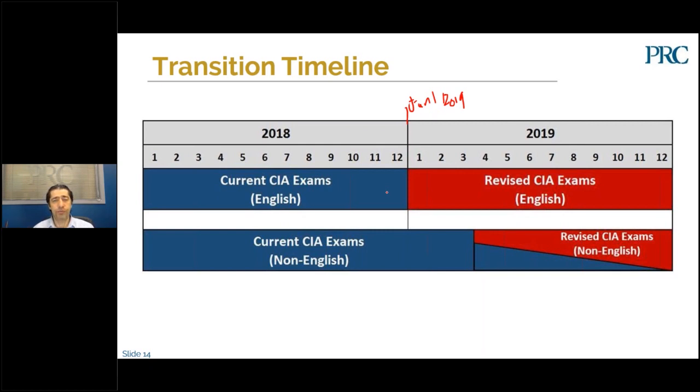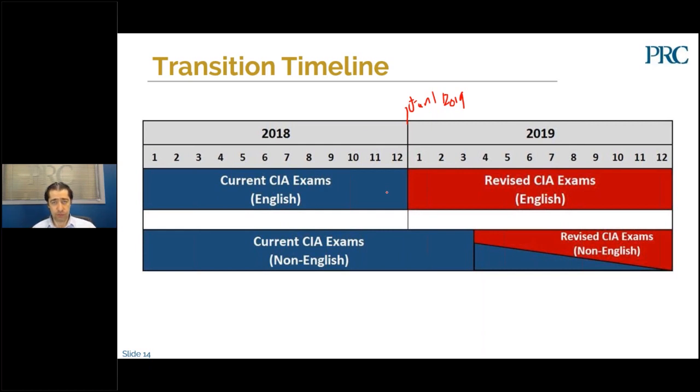Otherwise, it's the allocation. Now, if you did pass any of the parts on the current edition, you will get the same credit for the new edition. So if you passed parts 1 and 2 on the old exam, you will get the credit for parts 1 and 2, and you'll only have to write part 3 of the new exam.